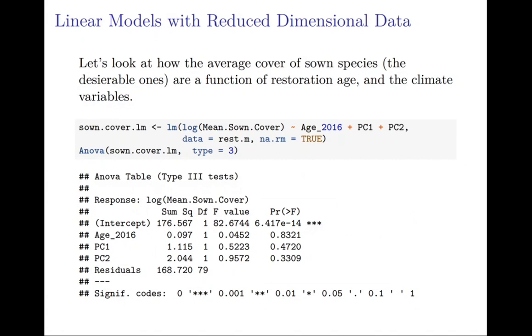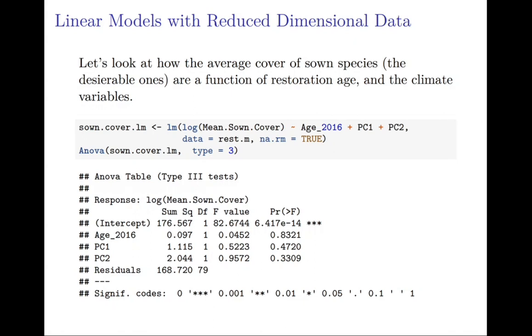And so let's run some linear models. Let's look at how this all works. Let's look at how the average cover of sown species, or your desirable native ones, is a function of a restoration's age and the climate variables in the year that it was planted. So here we'll look at the log of the mean sown cover in a linear model as a function of age since 2016, plus PC1 and PC2.